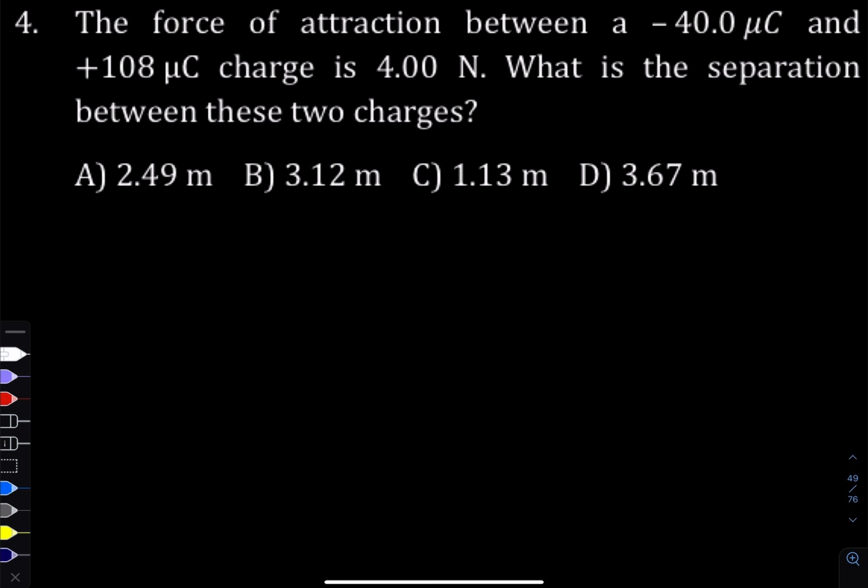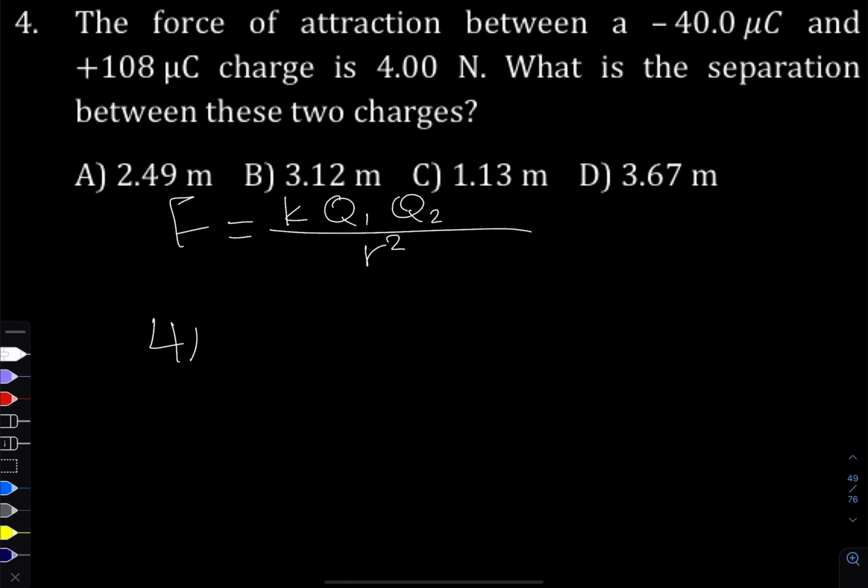The force of attraction between a negative 40 microcoulomb and a positive 108 microcoulomb charge is 4 newtons. What is the separation between these two charges? So here we need to find the R. So we know the force is 4 newtons, and Coulomb's constant is 8.99 times 10 to the 9th.